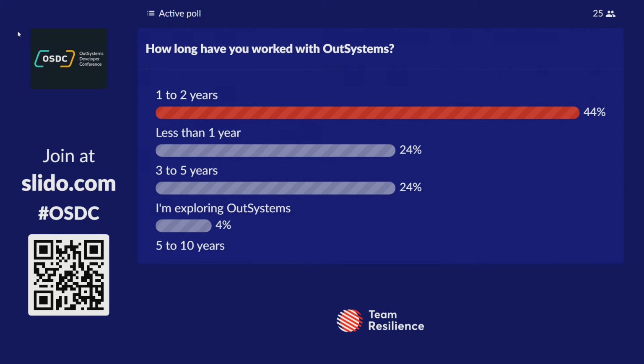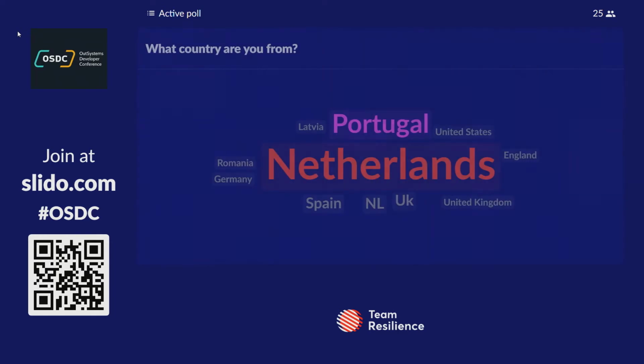That's good to know. I think almost 3/4 is 2 years or less. And let's have a look at where you're all from. A big part of you is from the Netherlands. I see people from Portugal, even the United States, Romania. Well, welcome all. I'm glad to have you in this stream.